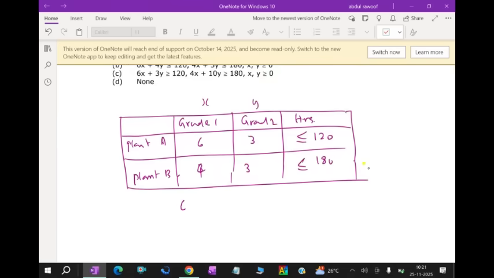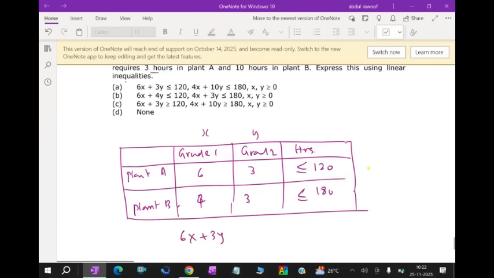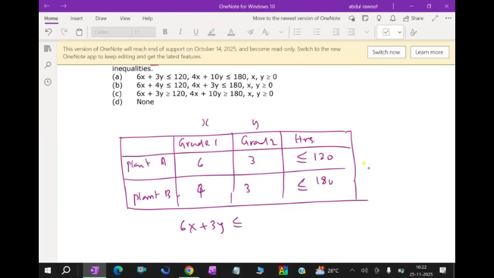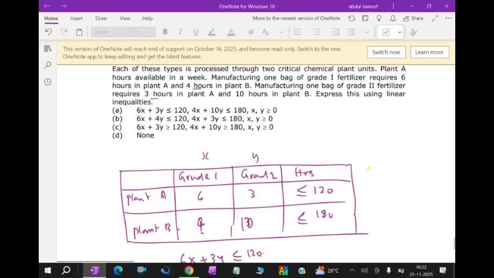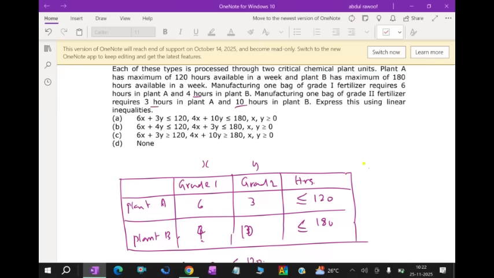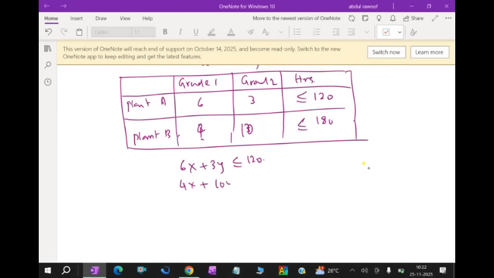Here 6x plus 3y total, and it should be 120, and 4x plus 10y equal 180, because the maximum hours available is 120, second plant 180.